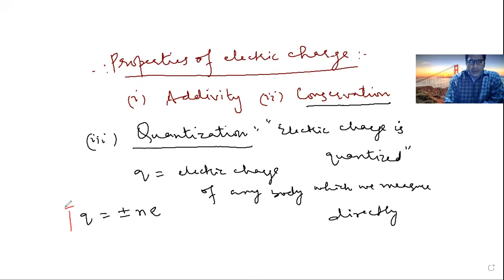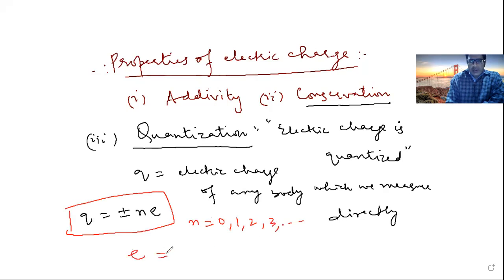Its meaning is, first, what's N? It can be 0, 1, 2, 3, and so on. And E is the amount of charge on the electron, that is, E is 1.602 times 10 raised to the power minus 19 coulomb.